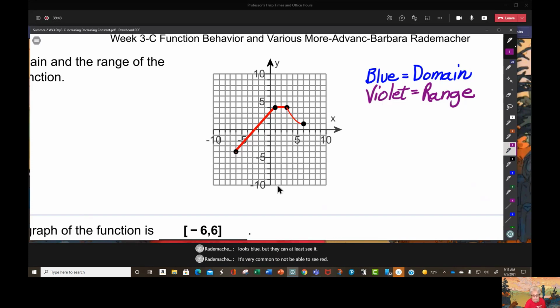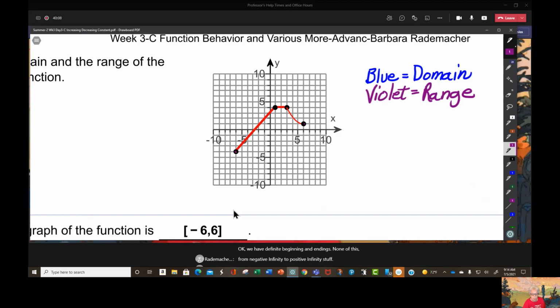Okay, enough of that. Let's look at this. That means the graph actually starts here and stops there. Okay? We have definite beginning and endings. None of this from negative infinity to positive infinity stuff.